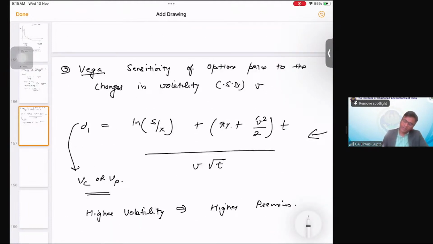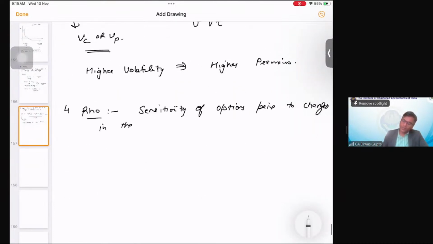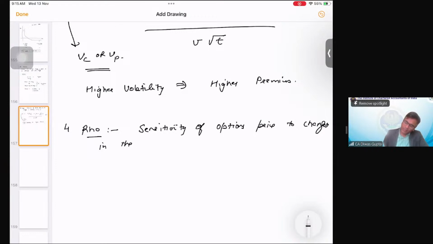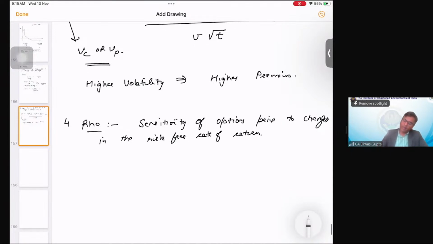Vega we have covered, spot price we have covered. What other things are left? Time. R and T are left, right? So R is actually rho, which is the risk-free rate of return, right?